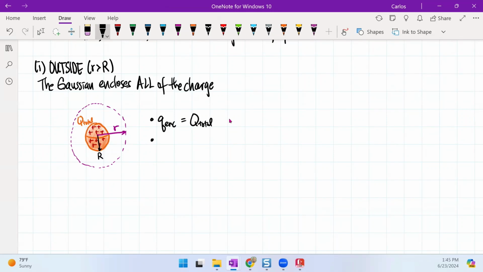At times, it's useful to rewrite Q enclosed in terms of the charge density.